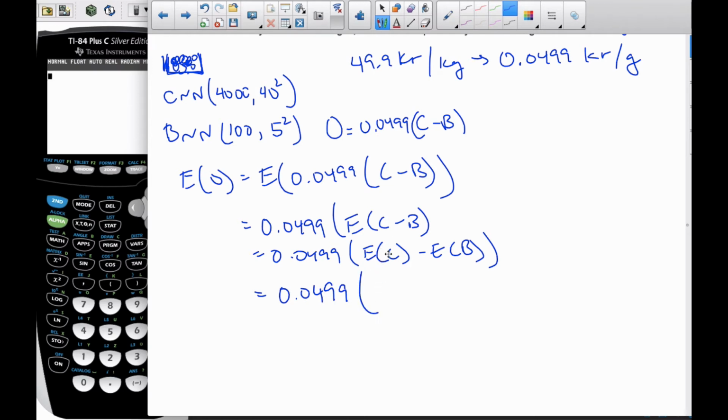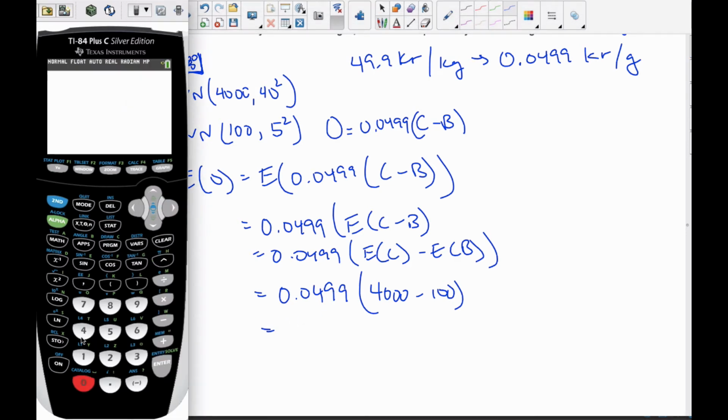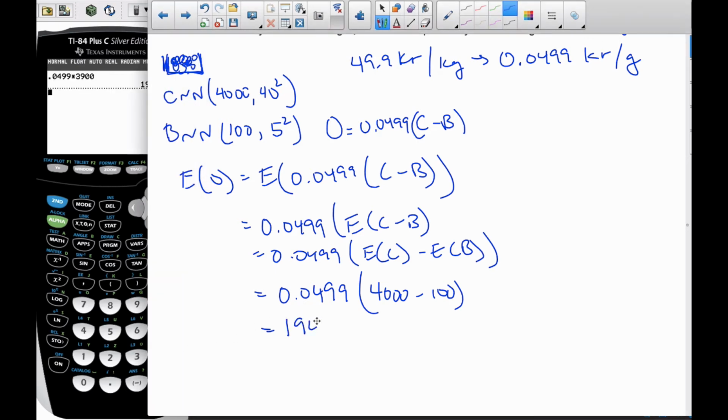The expected value of C was 4,000 minus the expected value of B, which was 100. If I multiply this all out, I end up with 0.0499 times 3,900, which is 194.61. So my expected cost of just the oranges, not the box, is 194.6 crowns.